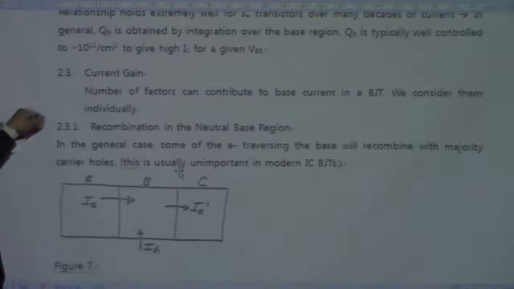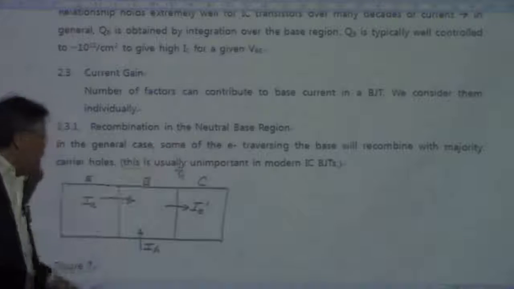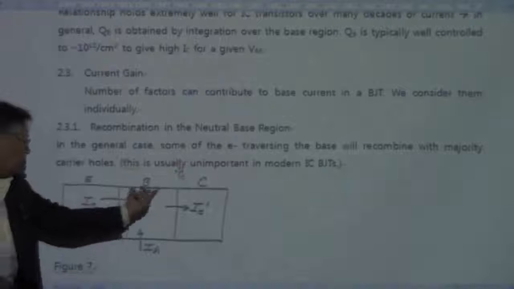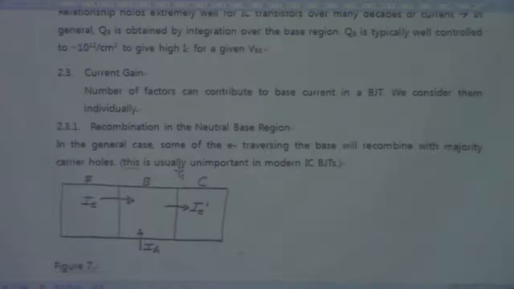And it has three terms which control the current gain in bipolar transistors. The first one is recombination in the neutral base region. Neutral base region means the base except the depletion regions.